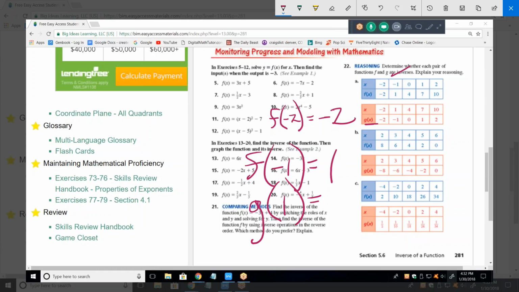Notice what I'm doing. I'm switching the domain and the range. If I look at that column right there, when x is 1, g of x is minus 1. Right. It's in the same column. Don't look down here yet. That's question B. We're doing question A, which is merely comparing f of x to g of x.